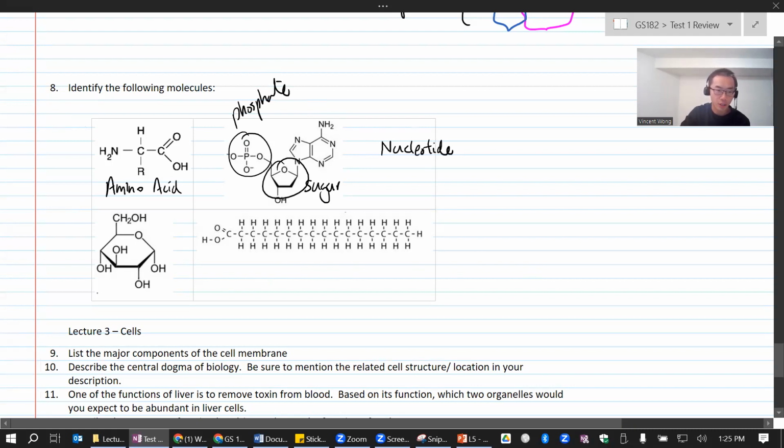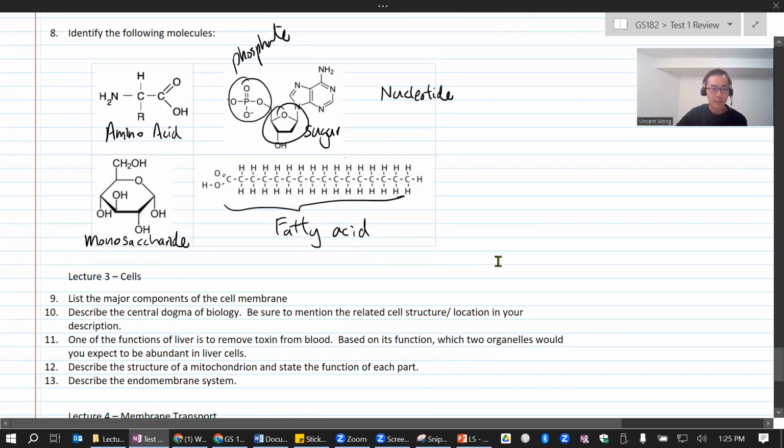This is some kind of sugar, like you don't really know which one. So we just say monosaccharide. And here is just a long chain of hydrocarbons. So that's fatty acid. Okay, like you don't have to draw them, but if I show you a picture, you should know what you're looking at.